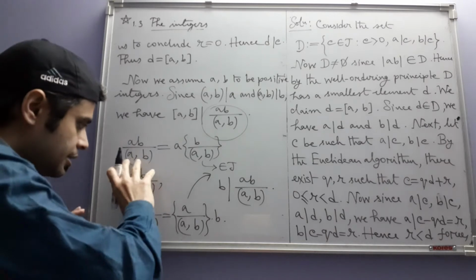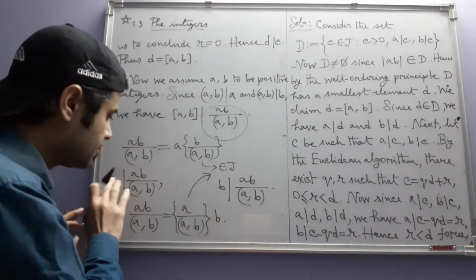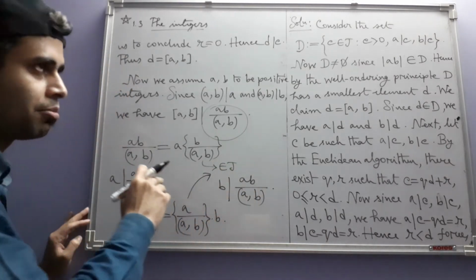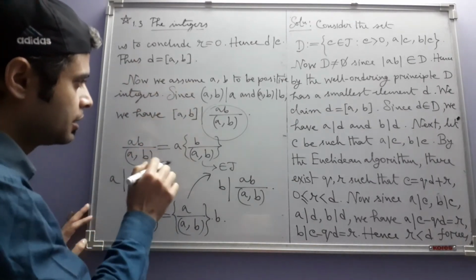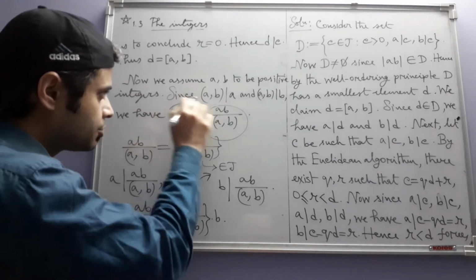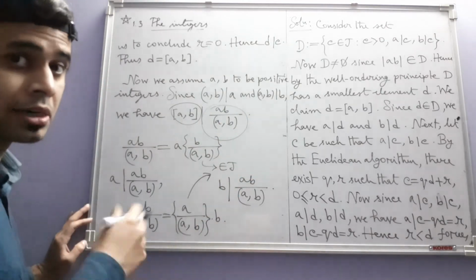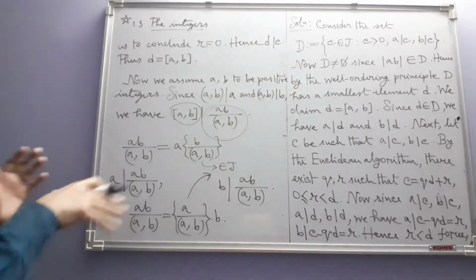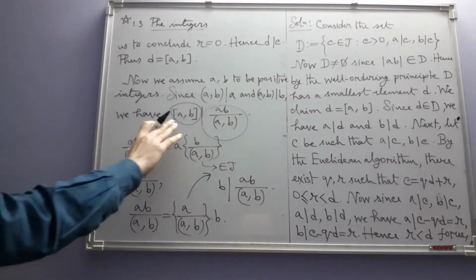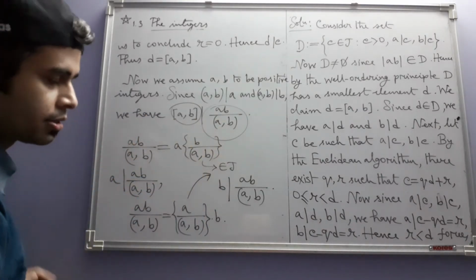Now this is an integer divisible by both a and b. So by the second condition from the definition of an LCM, the LCM should divide this common multiple. This is the least common multiple, this is the common multiple. That's how we are getting this relation.